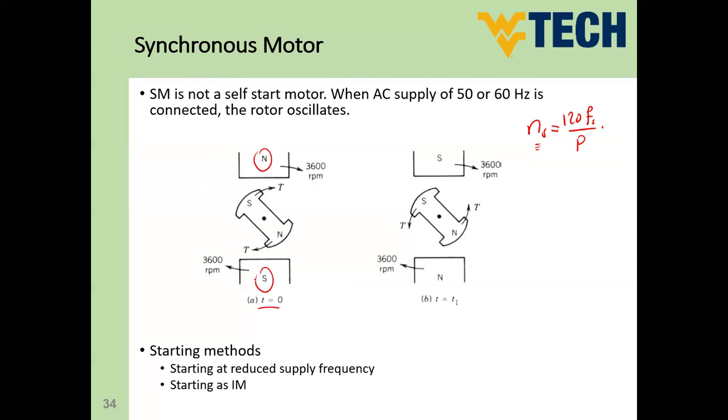If we have a supply of 60 hertz and the number of poles is 2, and you substitute in the relation, you will find that the synchronous speed is 3600 RPM.